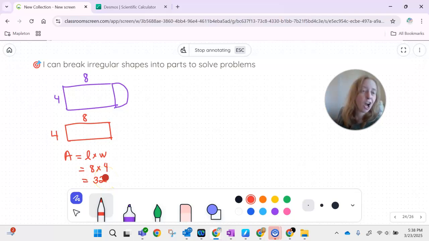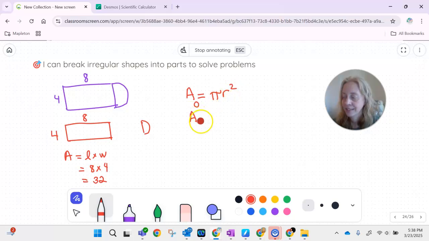You guys know how to do area of a rectangle, but we have this semicircle also. The area of a whole circle equals pi r squared. The area of a semicircle is going to be pi r squared divided by 2 because it's only half of it.